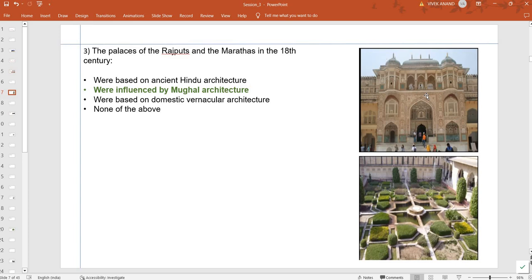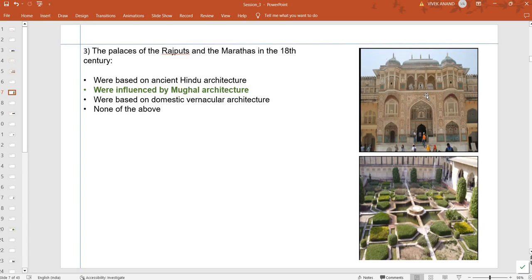What are the features you can see in this fort, which is influenced by Mughal architecture? Chhatri, Jali work, Mughal gardens. Yeah, and baluster columns are also there somewhere, not that much, but yeah, these were there.